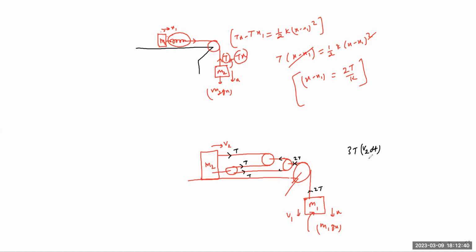But that energy has come because 2T has taken how much energy? 2T has taken 2T V1 dt energy. So in time dt, the block A1 will go down with V1 dt, isn't it? Yes.